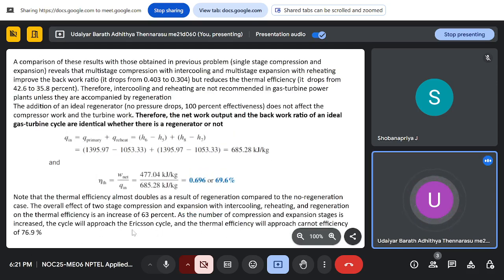So this moving towards Carnot efficiency 76.9 requires multiple stages, so it may not make practical sense. But to just show a comparison, you get close to 77% efficient in ideal cycle.